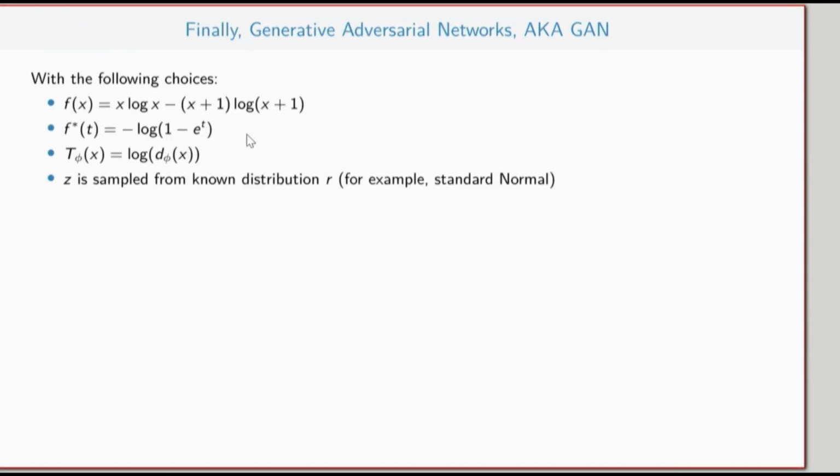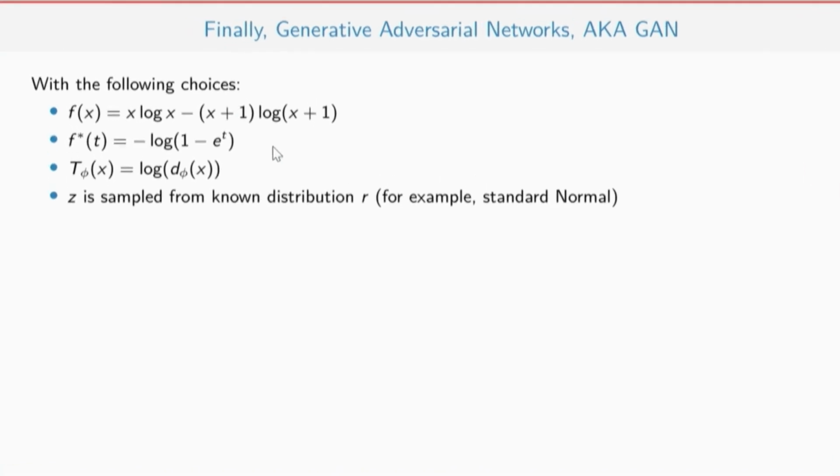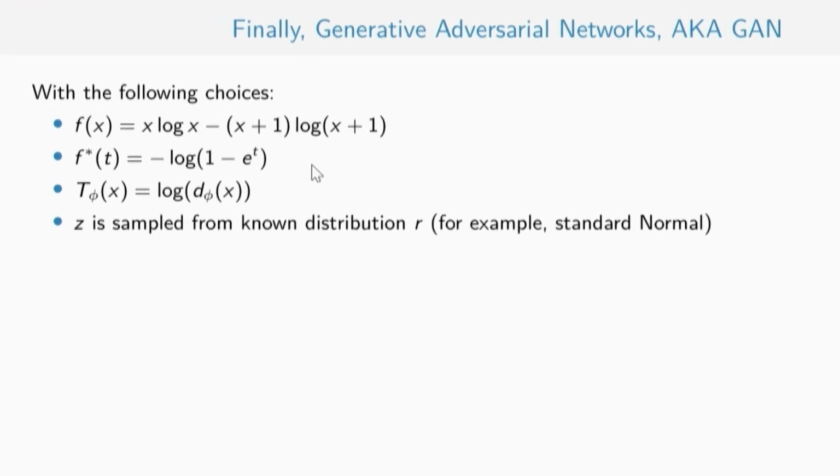Assuming that you have done the assignment, and for f you found the f star, the third one is something that we take: T phi to be the log of D phi x.